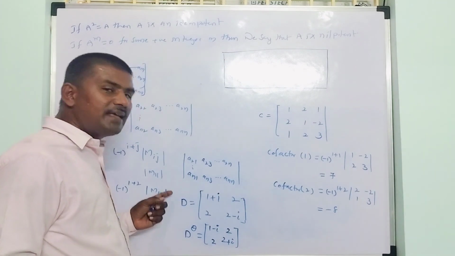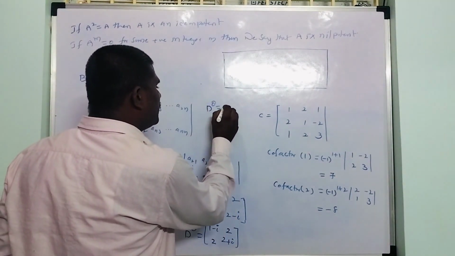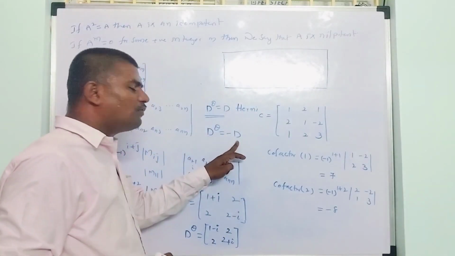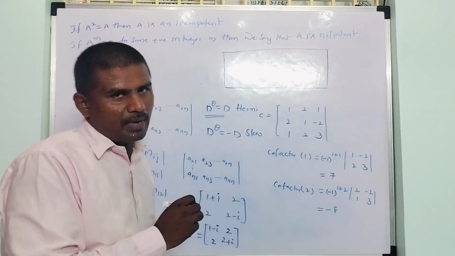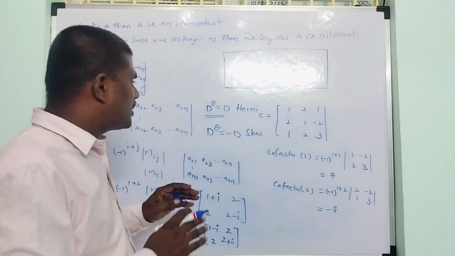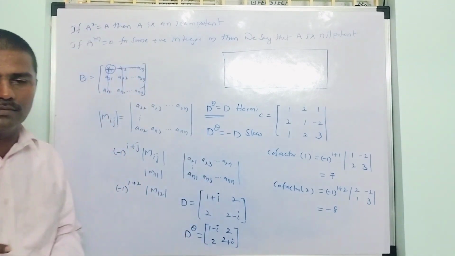If D power theta is equal to D, then it is a Hermitian matrix, and if D power theta is equal to minus D, then it is a skew Hermitian matrix. So you can understand what I have explained about Hermitian and skew Hermitian matrix.